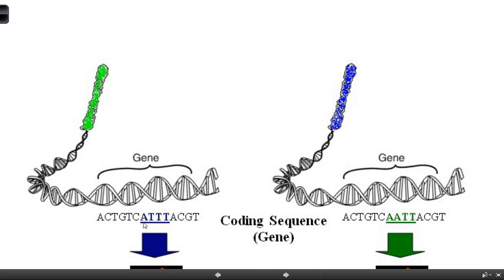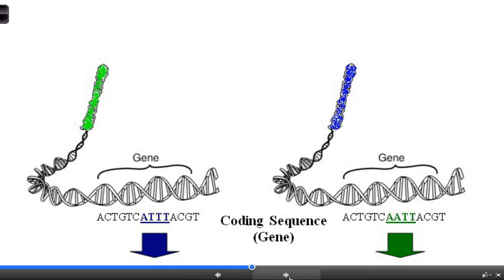The only difference is here we had A, T, T, T, and here we have A, A, T, T. So one letter difference, essentially that one T is turned into an A. That's the only difference. So even the sequences in these homologous chromosomes will be very similar.